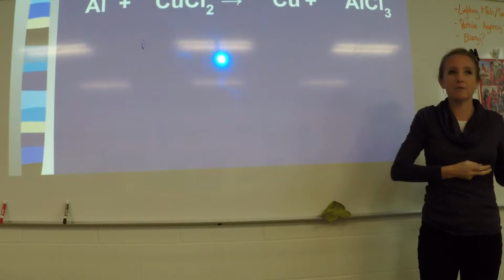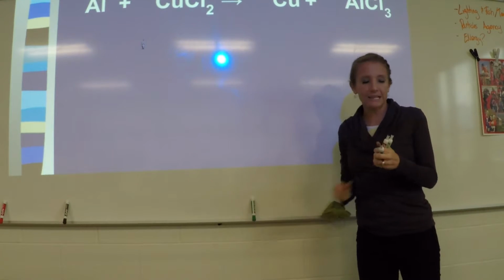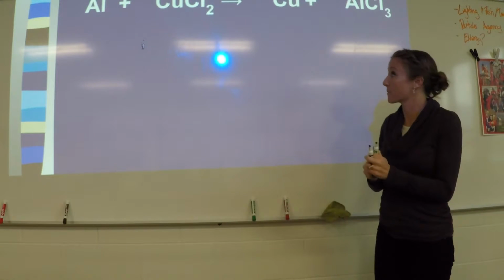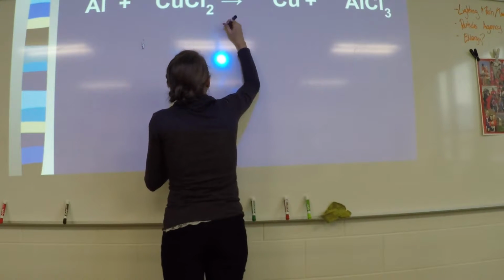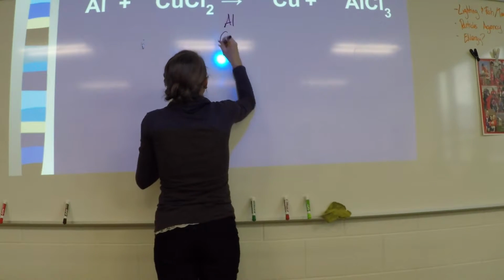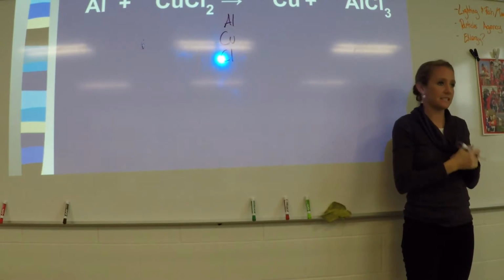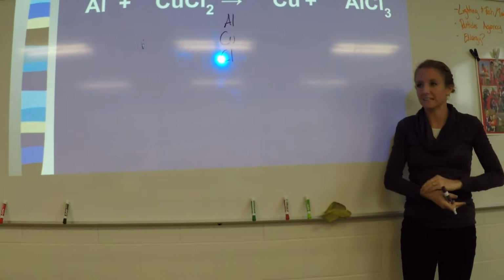But instead of drawing out shapes, what I do is underneath the arrow make a list of every element present in the formula. So there's an aluminum, there's a copper, and there's a chlorine. I always do it just right underneath the arrow to keep track.